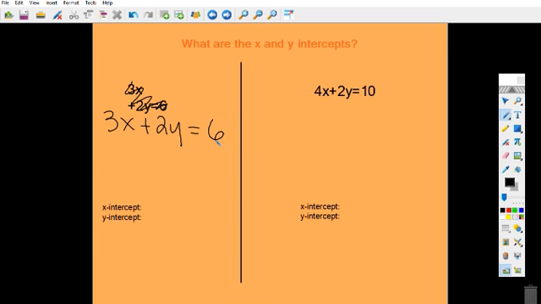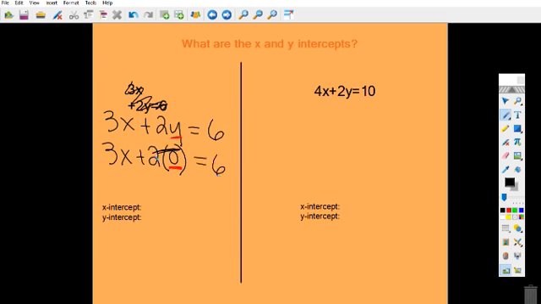How we do that? All you have to do is plug 0 in for y. Okay? So we get 3x plus 2 times 0, because we plugged 0 in for y. And then we finish by setting it equal to 6.